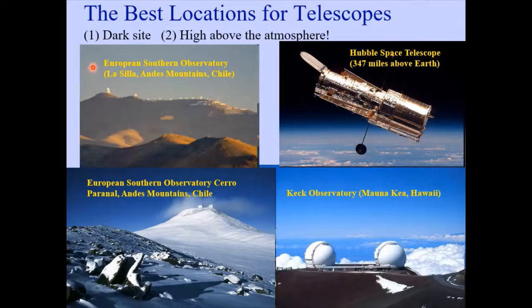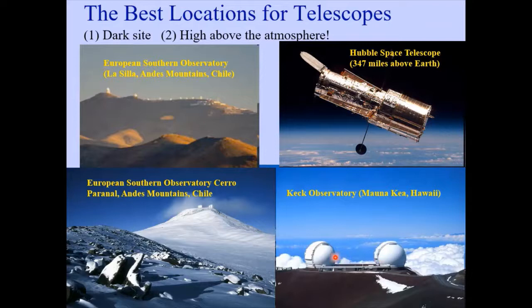The ESO, the European Southern Observatory, has a few observatories and several telescopes on top of the Andes Mountains in Chile. And here's another one of their observatories here. So these are high up remote places. They're dark, they're isolated and desolate, and because of their altitude, they're far above most of the Earth's atmosphere.